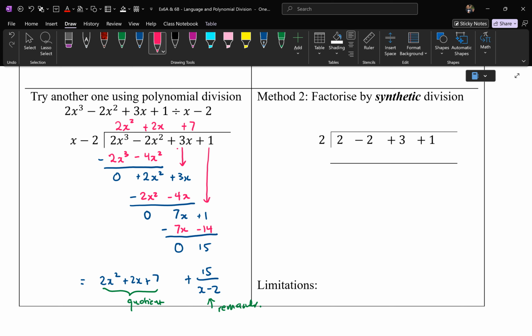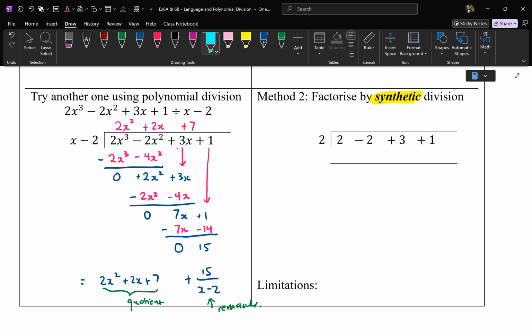Method 2 is called synthetic division. You'll like this one. This is how it works. Listening? Because of the algorithm, there's a pattern here. Can you see the pattern? 0, 0, 0. The only thing you focus on is actually the second column.